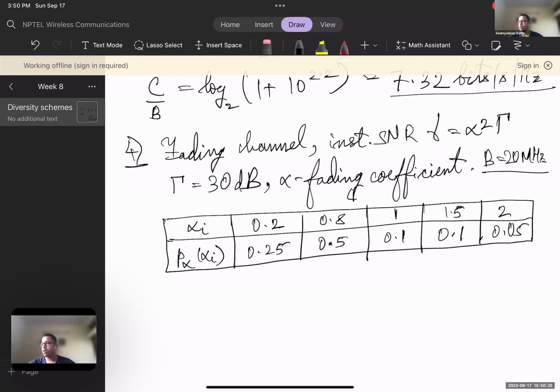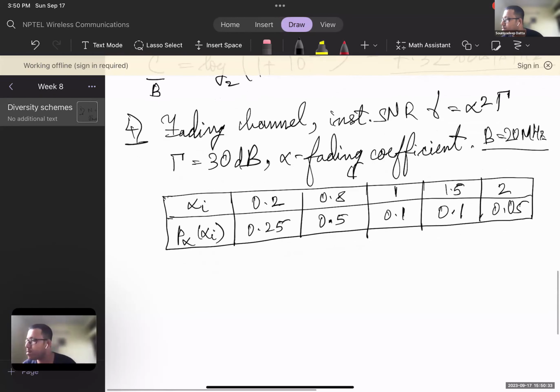Alpha can take all of these values, 0.2, 0.8, 1, 1.5, 2, with the corresponding probabilities. You are asked firstly, what is the average SNR, which is the expected value of gamma.